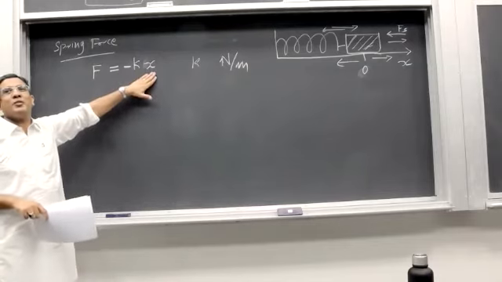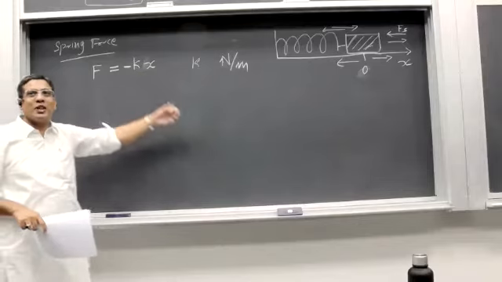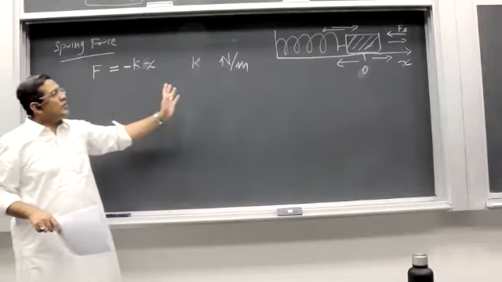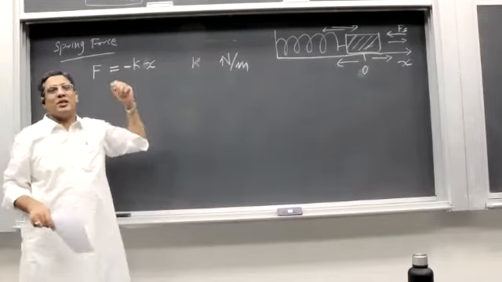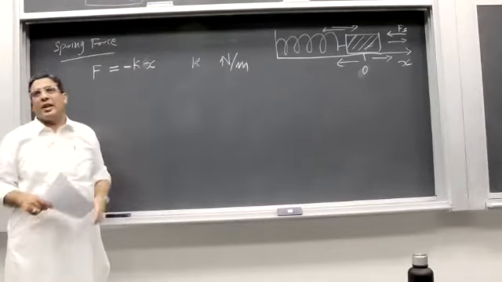The larger the displacement, the larger the force, but within a certain limit. If you keep pulling the spring far from the mean position, this law is first violated, and then at some point the spring just breaks.